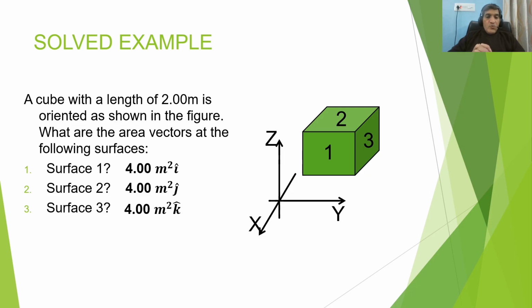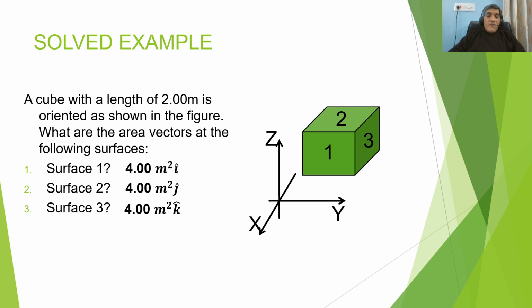Sorry, for surface 1, the answer is 4 meter square i, because as you see in the xyz directions, the perpendicular direction of the area vector for surface 1 is in the x direction. So that's why we are choosing i.